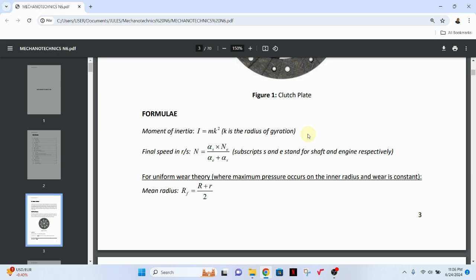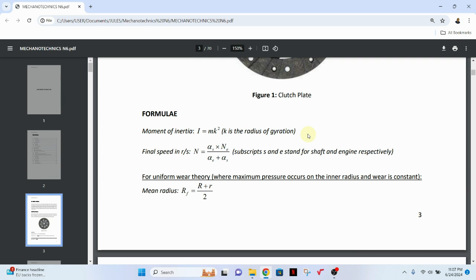And then you have the final speed. Because when the clutch is engaged, one thing that you need to understand is that you are engaging a driving shaft to a driven shaft, basically. Of course you have many other components in between, but that's basically the goal. The clutch allows you to engage a driving shaft, which is coming from the engine, to a driven shaft, which is probably, if you go down the line, connected to the wheels.